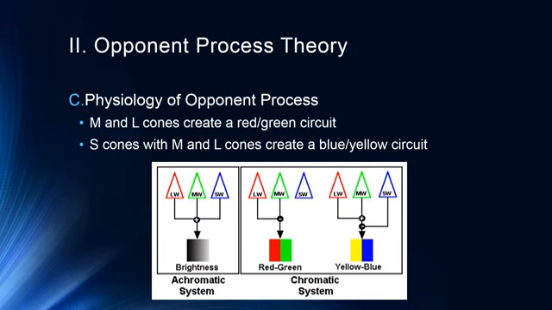We have an achromatic or brightness system that is simply the sum of all three cone types. Then we have an opponent process for the long wavelength and medium wavelength cones, and then we have another opponent process where the long wavelength and medium wavelength cone types add together and then are in opposition to the short wavelength cone types.